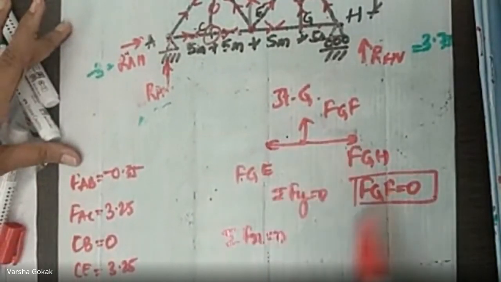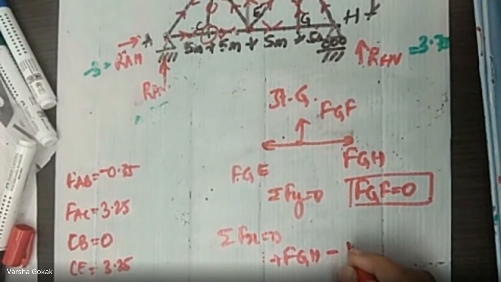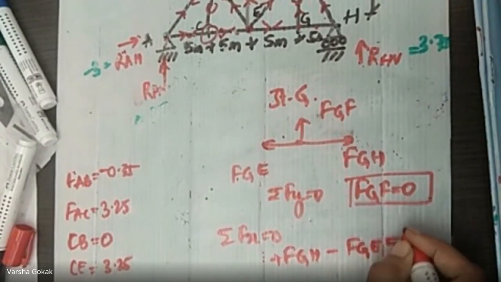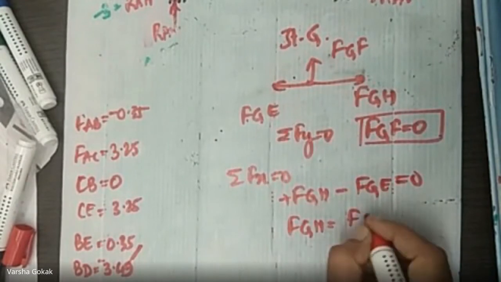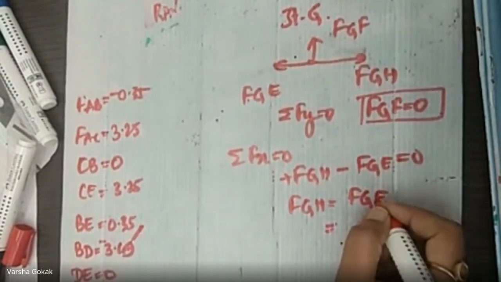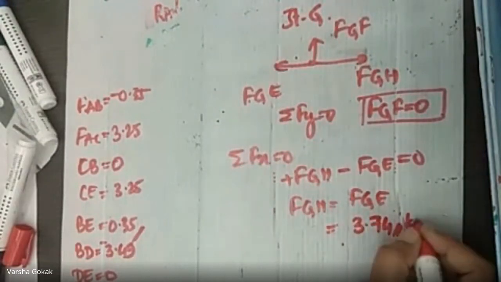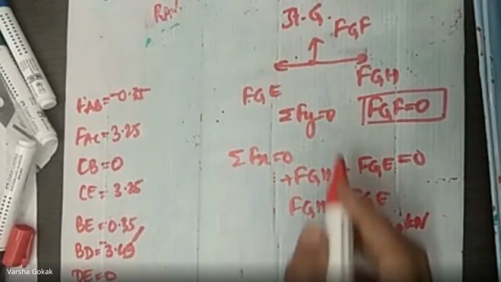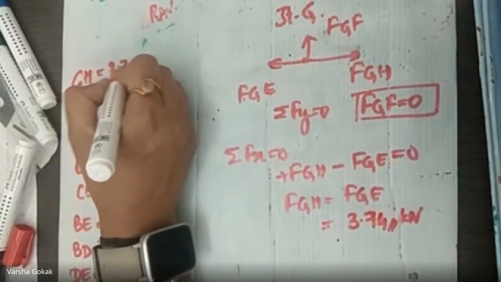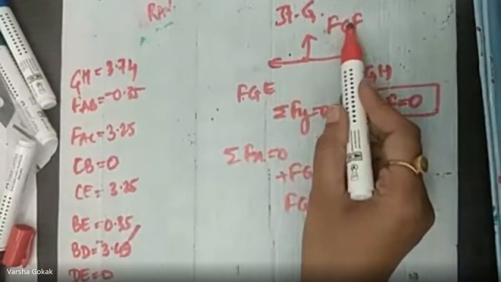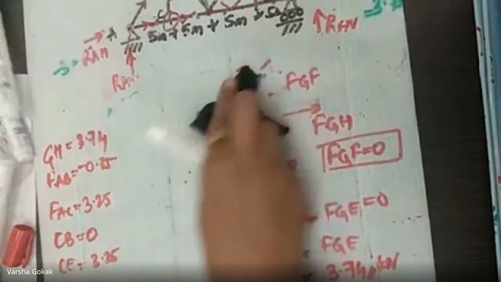That is F_GH minus F_GE is equal to 0, or F_GH is going to be equal to F_GE. And we have the F_GE value, that is 3.74 kilonewtons, which we found just now. So F_GH is 3.74, same as this. And this is 0. So immediately we are done with joint G.